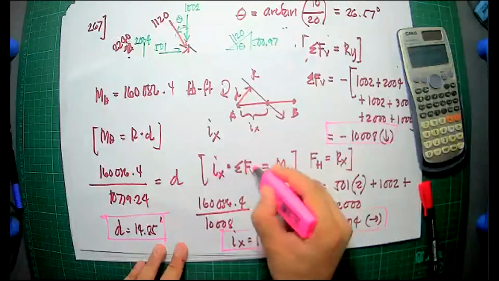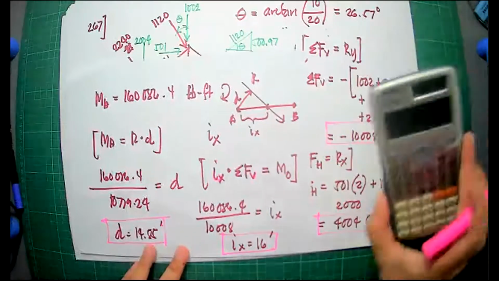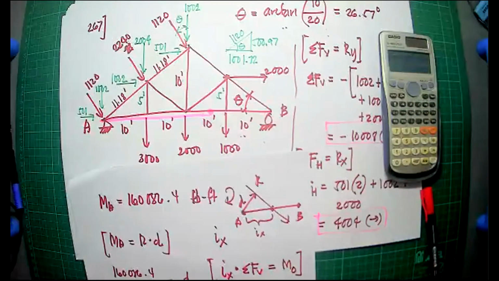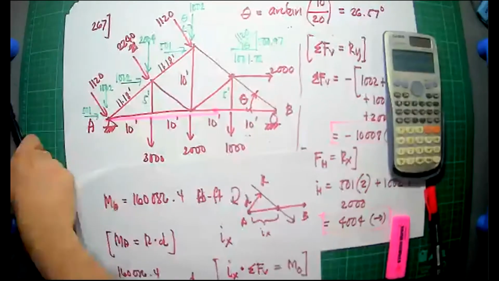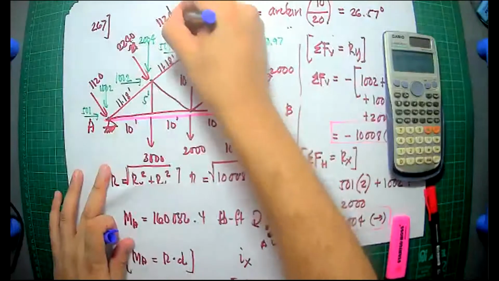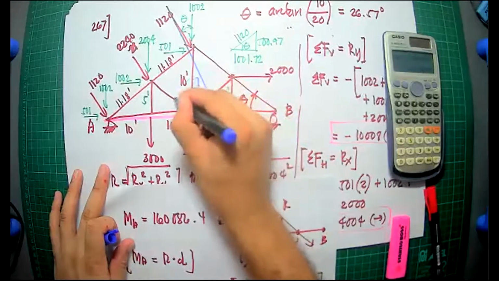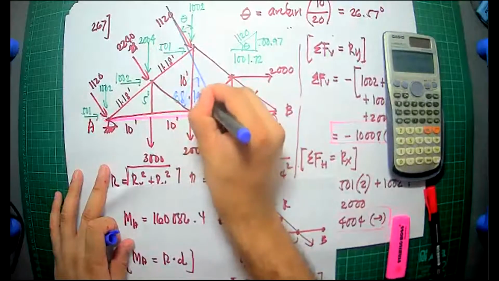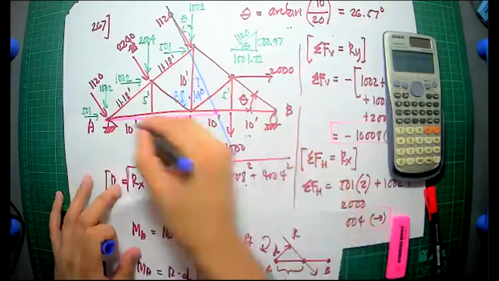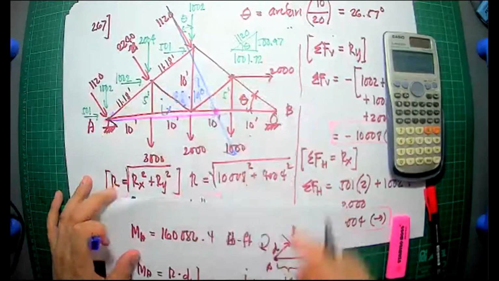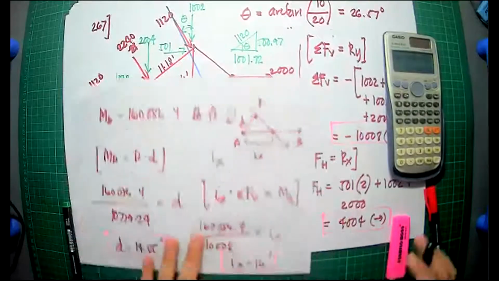Vertical. And the angle is 68.19. So the angle created here is 68.19, theta. And we have this distance equal to your I sub x, which is 16.